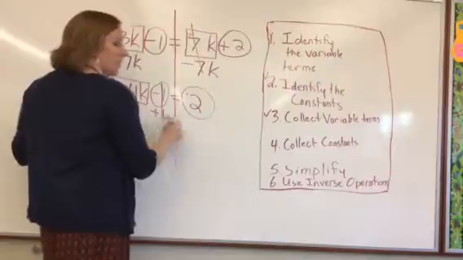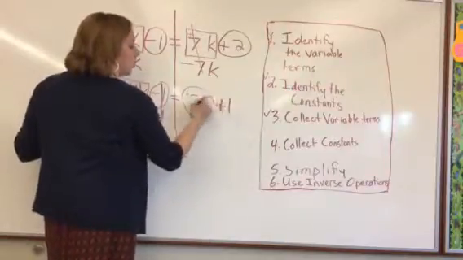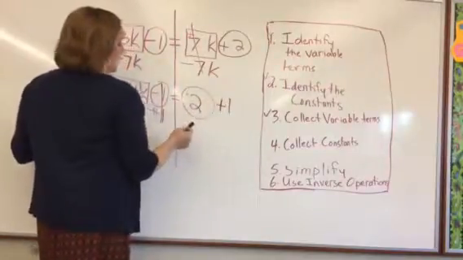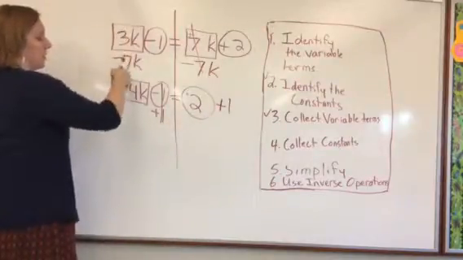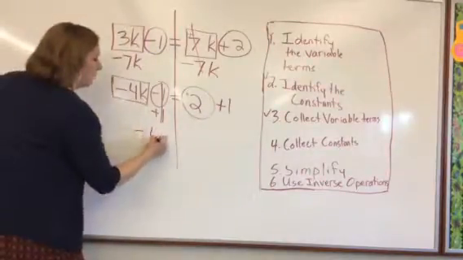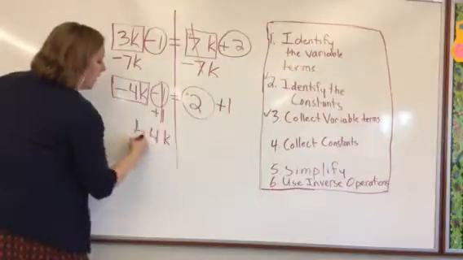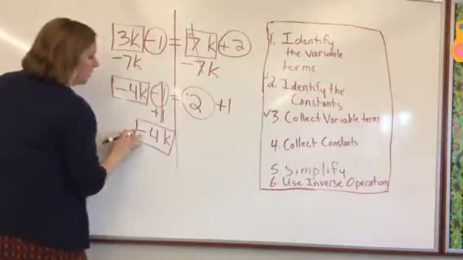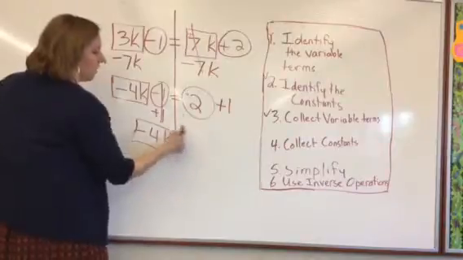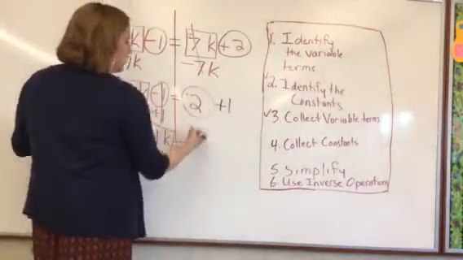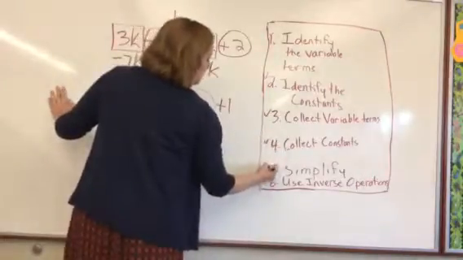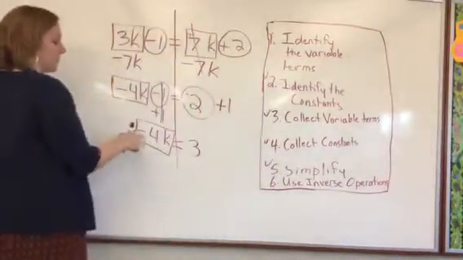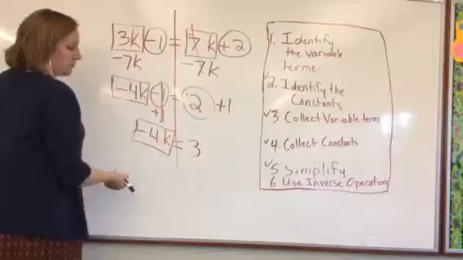Because I did +1 on the left, I have to do +1 on the right. So what I'm going to do is now simplify my equation. I've got a -4k as my variable term on the left, and I've got 2 plus 1, which gives me 3. I'm simplifying that. Check off my steps here. And I'm left with -4k equals 3.